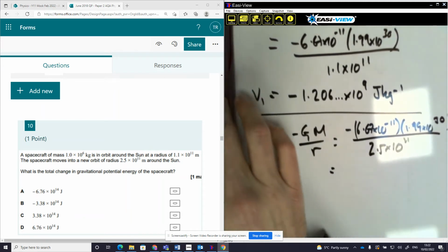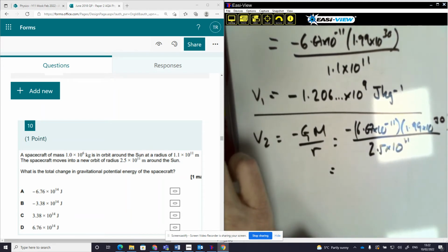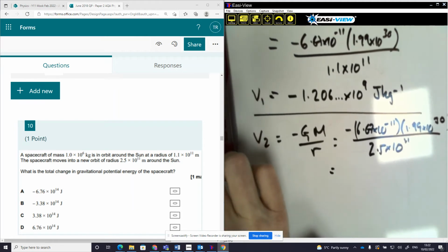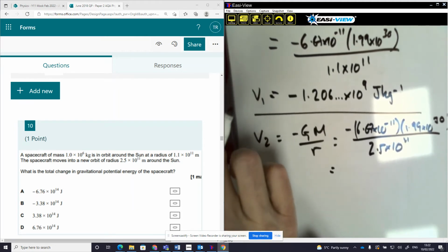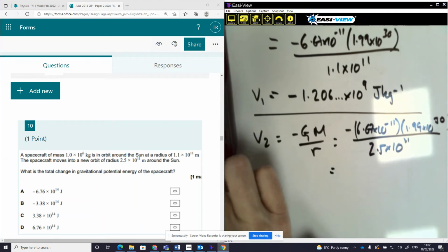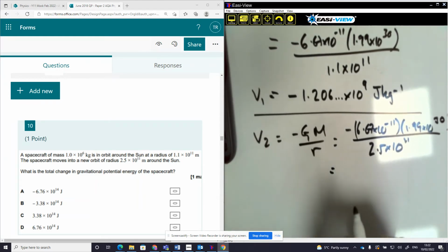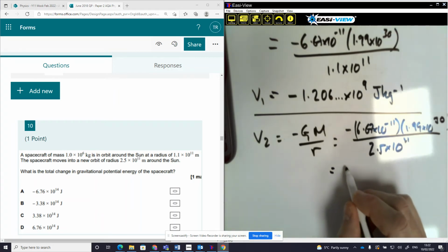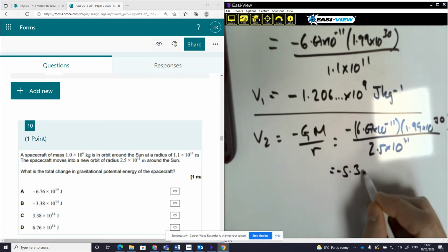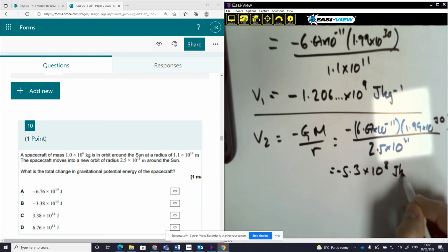So we can calculate that, and we get a value of negative 5.31 times 10 to the 8 joules per kilogram.